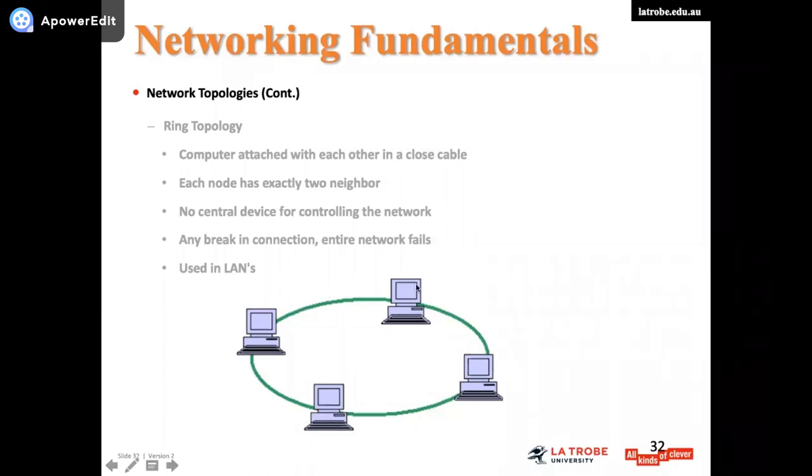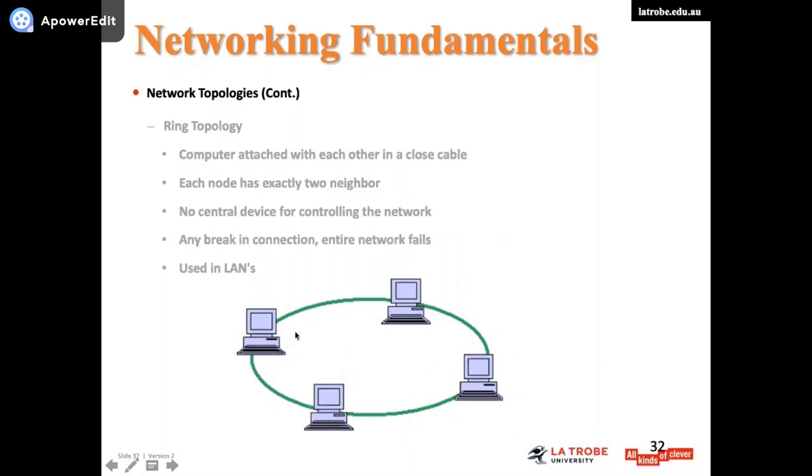So if one computer dies in this ring, the ring will be broken and the network will stop working. Previously it was used in LANs, because it doesn't require so many connections and there's no central node. It was very popular before because it's a simple topology, but it has many drawbacks, as we mentioned.